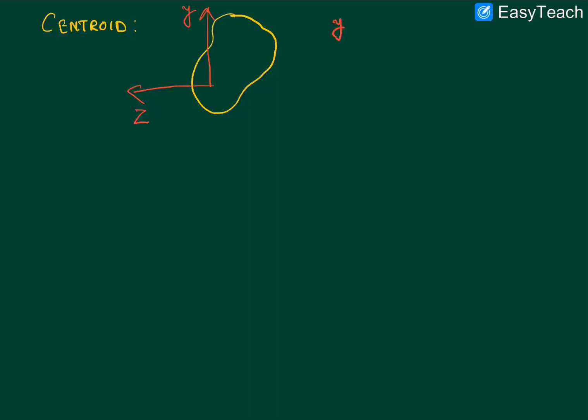The y coordinate will be given by this formula, integration y dA by A, where this capital A denotes the area of the cross section.